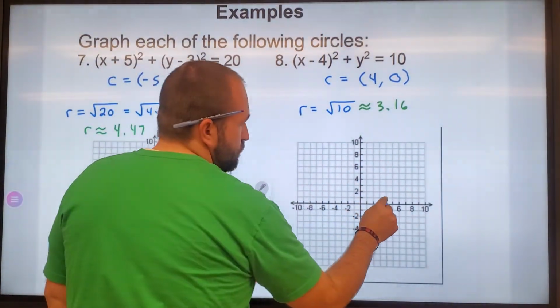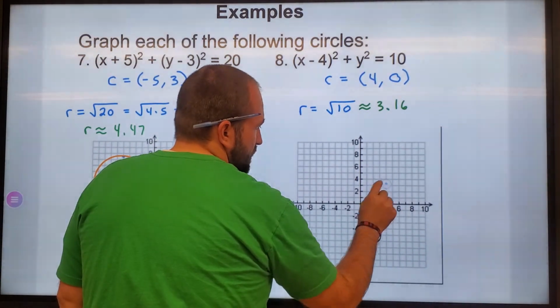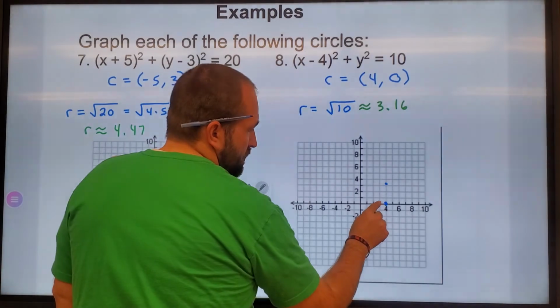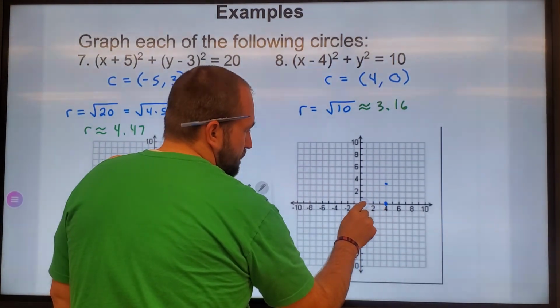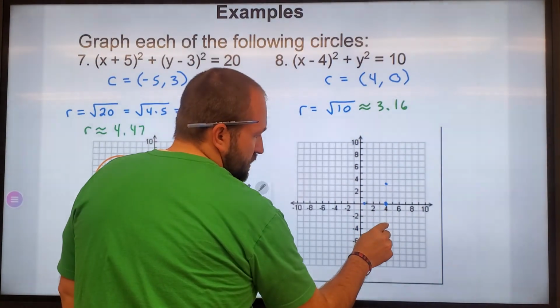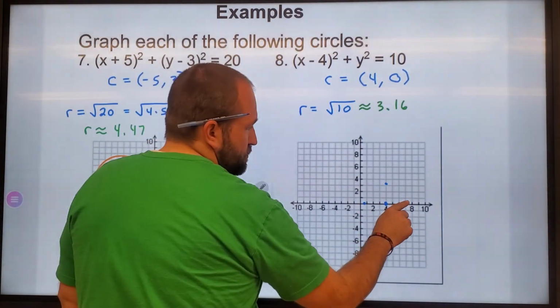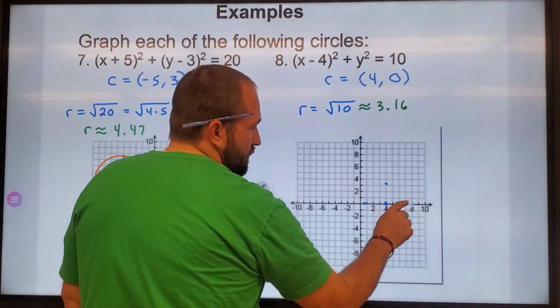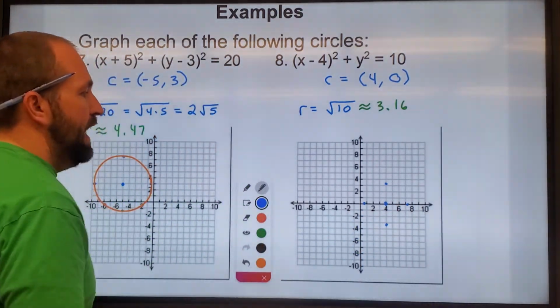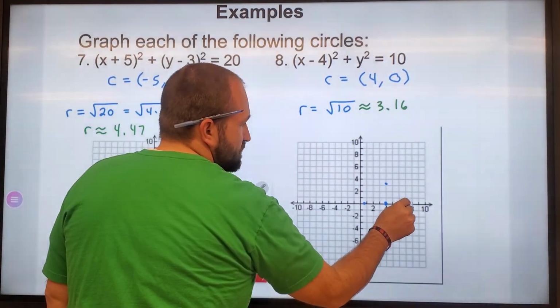I'm going to go up 3, 1, 2, 3, and just a little bit past. Left 1, 2, 3, and a little dot. Down 1, 2, 3, dot. To the right, 1, 2, 3, and then a dot. Okay, again, notice we're just slightly past the 3 unit mark. And then again, graph as best you can.